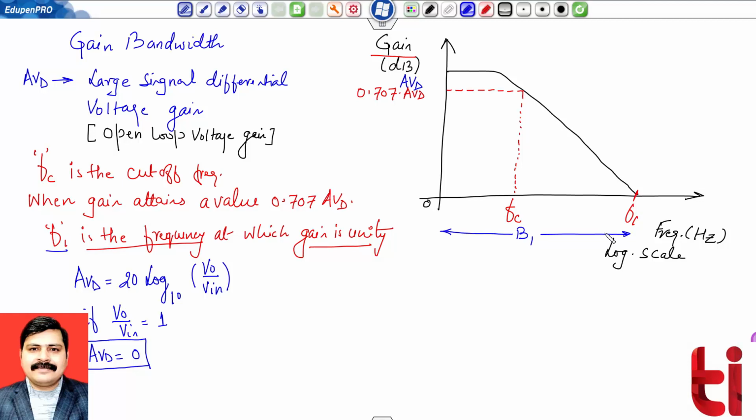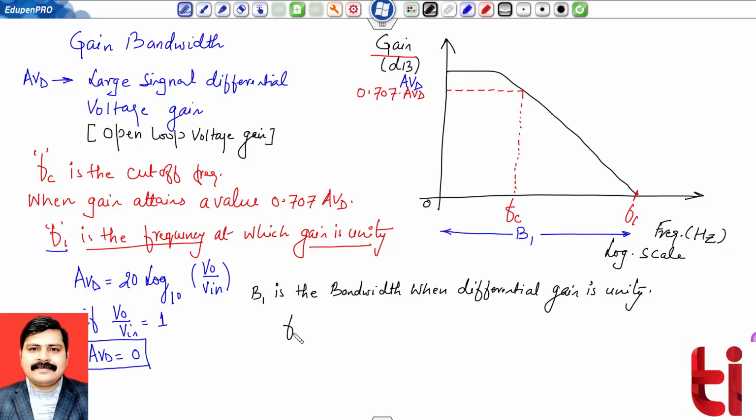I have a parameter B1. B1 is the bandwidth when the differential gain is unity. So I derive a relation F1 equals AVD multiplied by frequency FC.